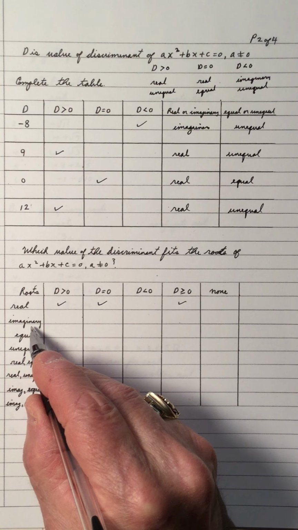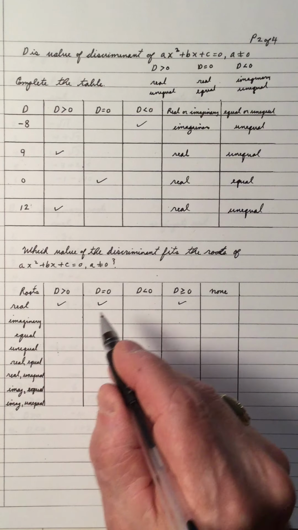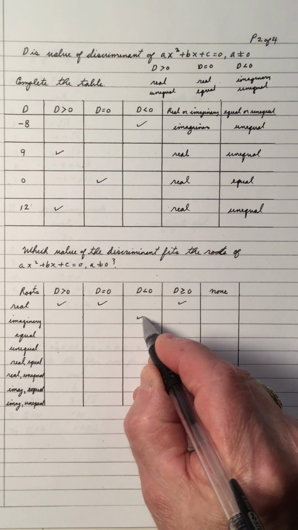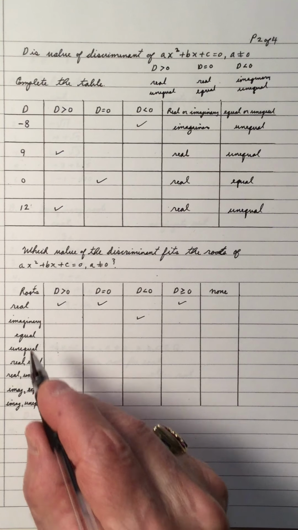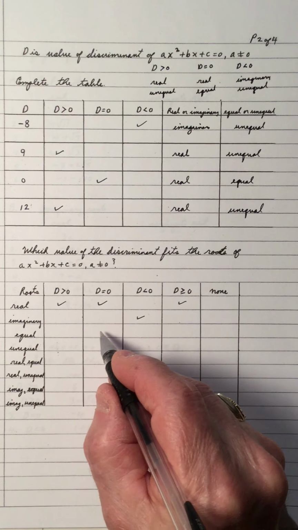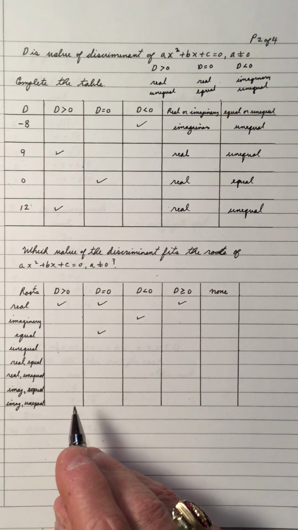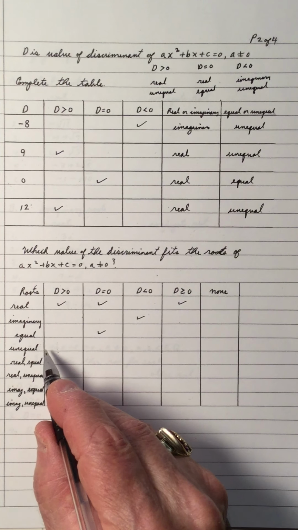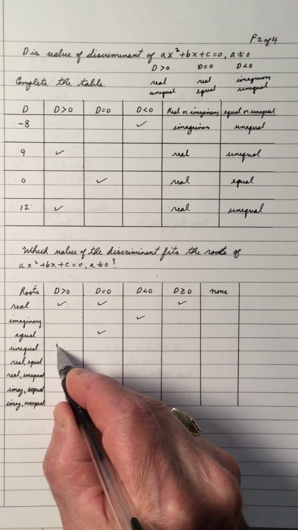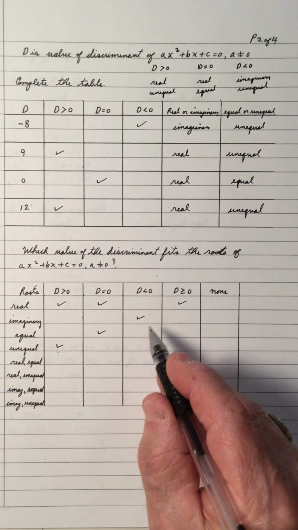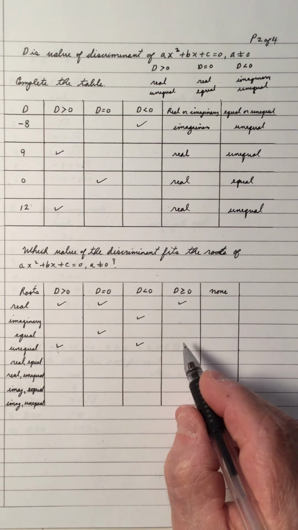Imaginary: if you have imaginary roots, then D must be less than 0. If you have equal roots, you can only have D equals 0. If you have unequal roots, then D can be greater than 0 or D can be less than 0.